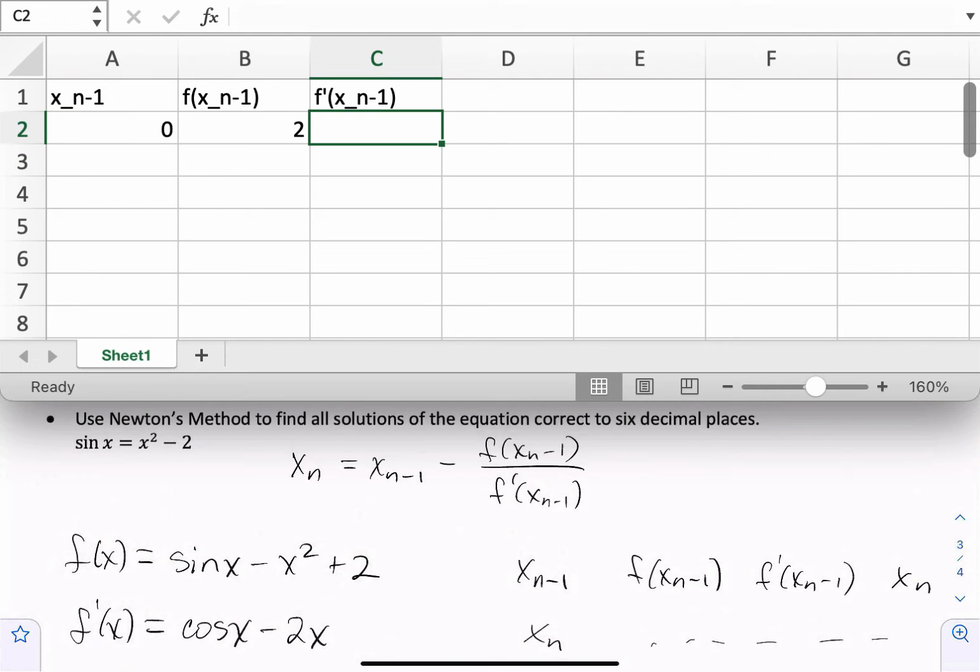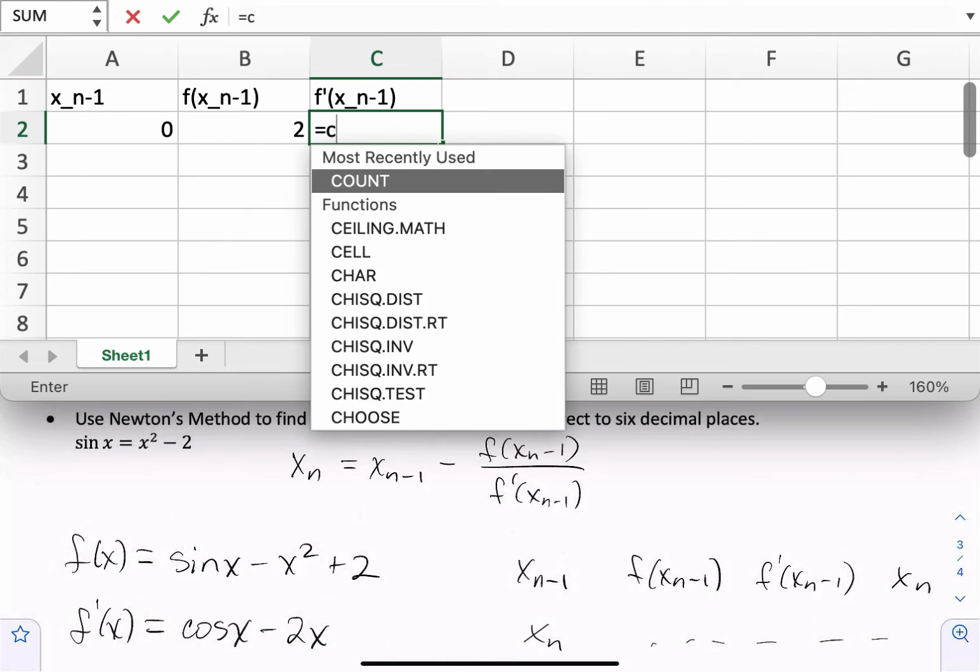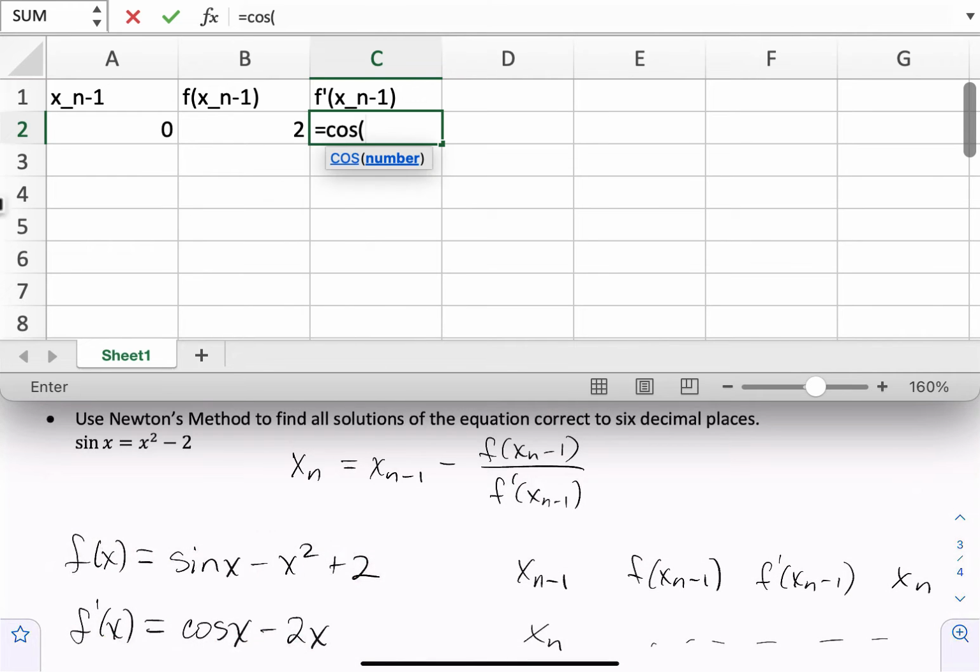Then I want f prime, which for f prime of x is cosine of x minus 2x. Again, Excel knows the cosine function, so equals, don't forget the equals, cosine of, click on the cell with the 0, minus 2 times that cell with the 0, and then hit enter. And then here, I'm going to write my note x sub n.